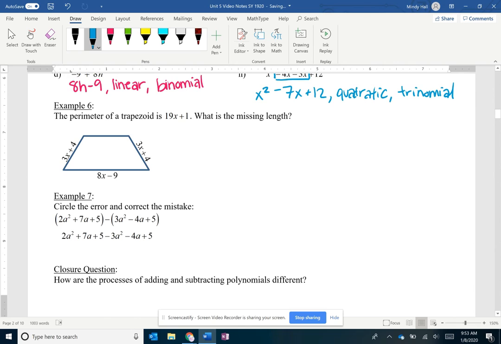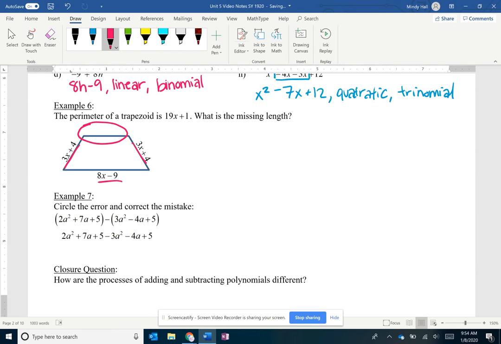Example 6, we have the perimeter of a trapezoid is 19x plus 1. What is the missing length? So if you think about it, perimeter is the distance all the way around a shape, correct? So that means that technically whatever goes on this missing side is going to add with these other 3 sides to get 19x plus 1.